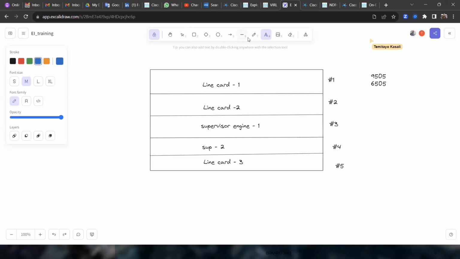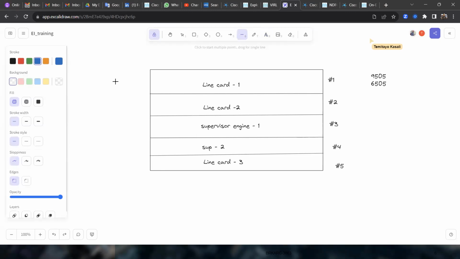Now within this particular line card, we go and see that this is my line card.